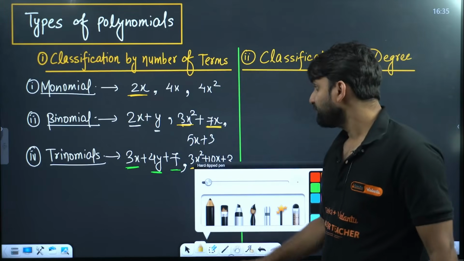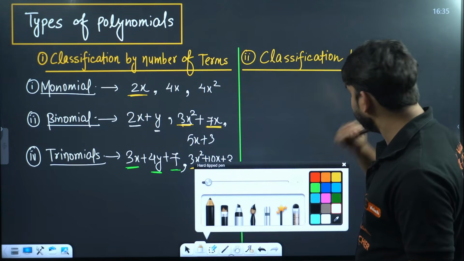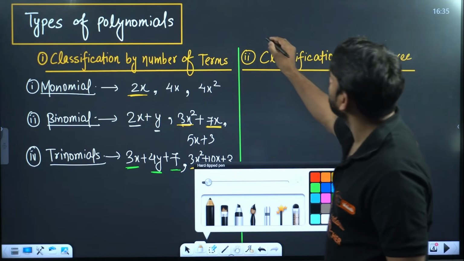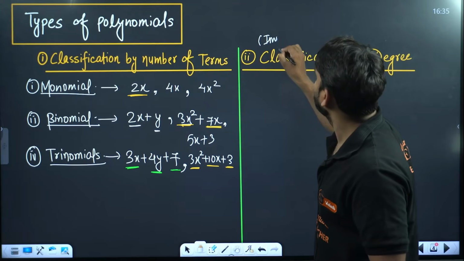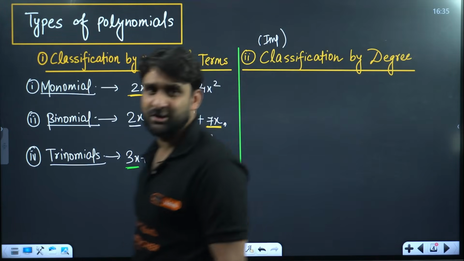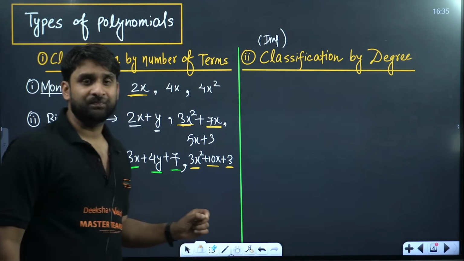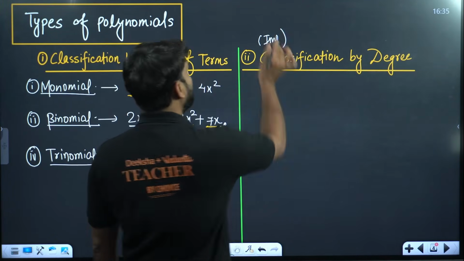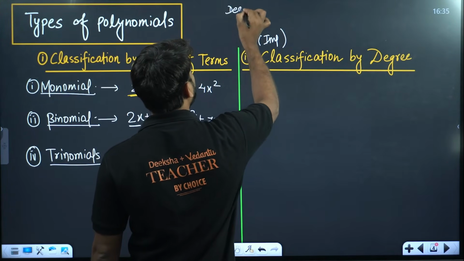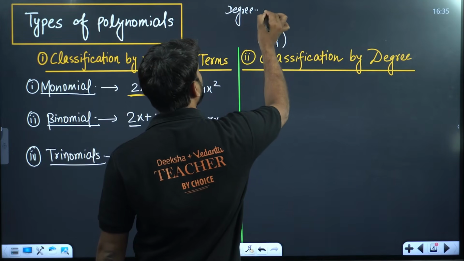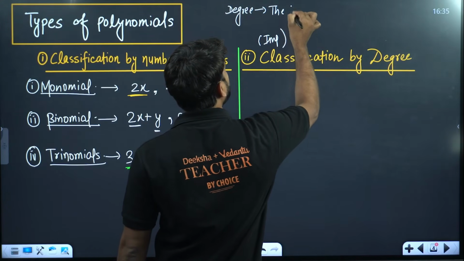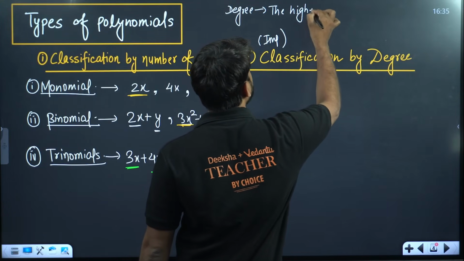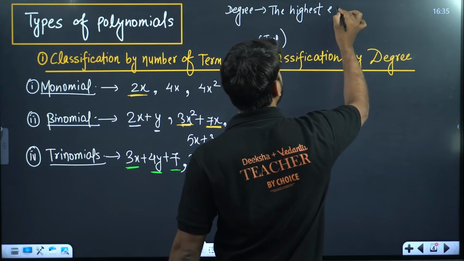Now moving to the second classification, and this is important for you all: classification by degree. First understand what is called degree. Listen, I'm giving you the definition of degree here. Please write it down in your copy. Basically the degree is the highest exponent.